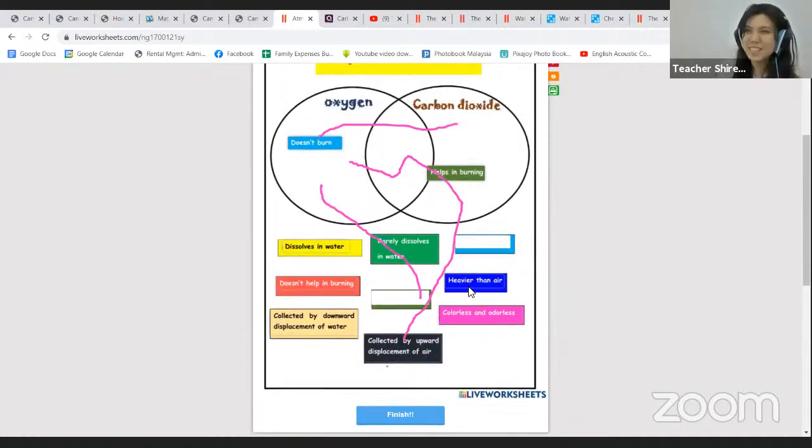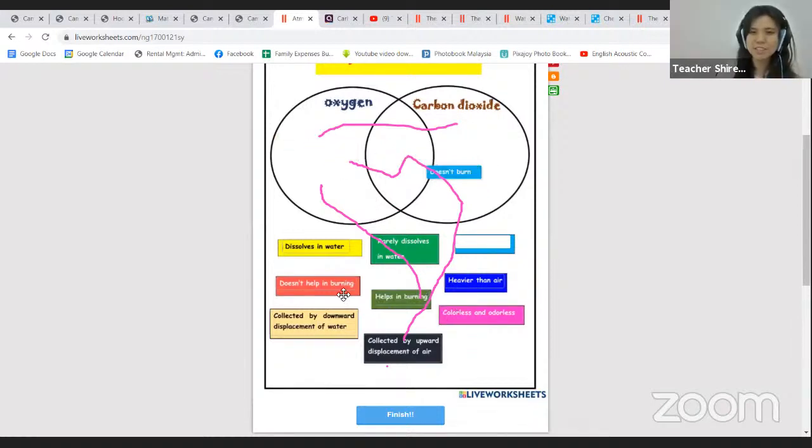Okay, Jensen. Joanna, can you repeat one more time what you're saying just now to Jensen? Burning helps the fire burn. Fire burning needs oxygen. Oxygen is all about burning. Doesn't burn is carbon dioxide. That's right.